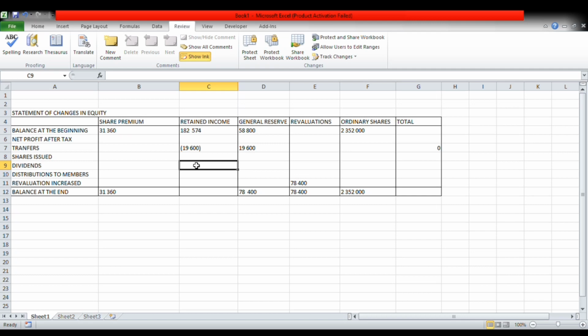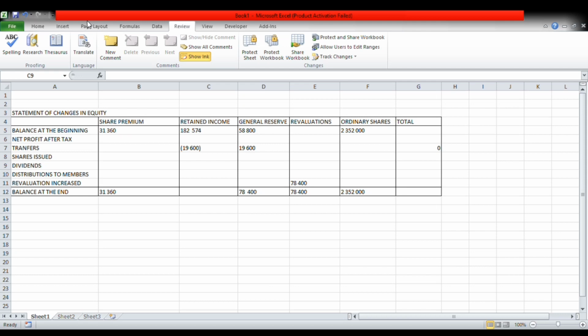There was additional information that tells us that the directors issued a certain amount.